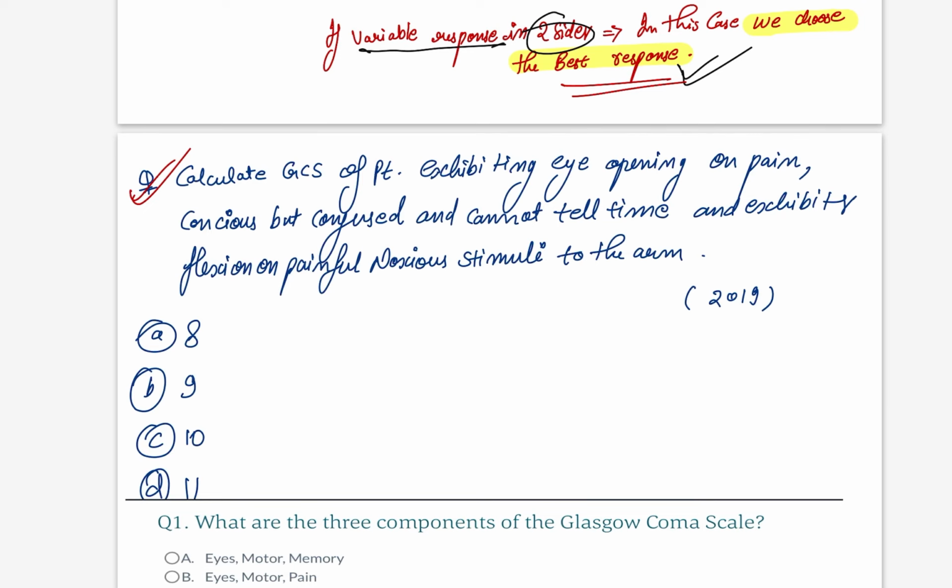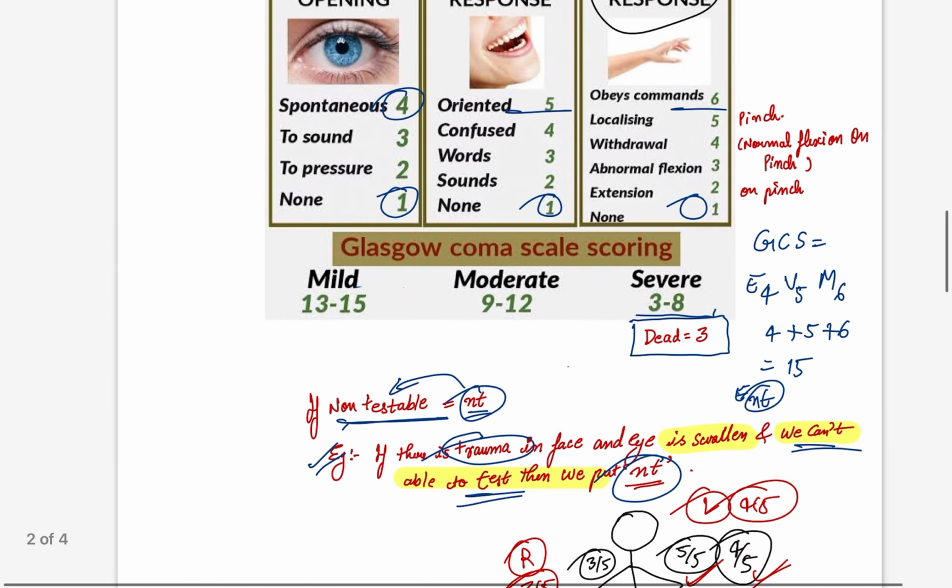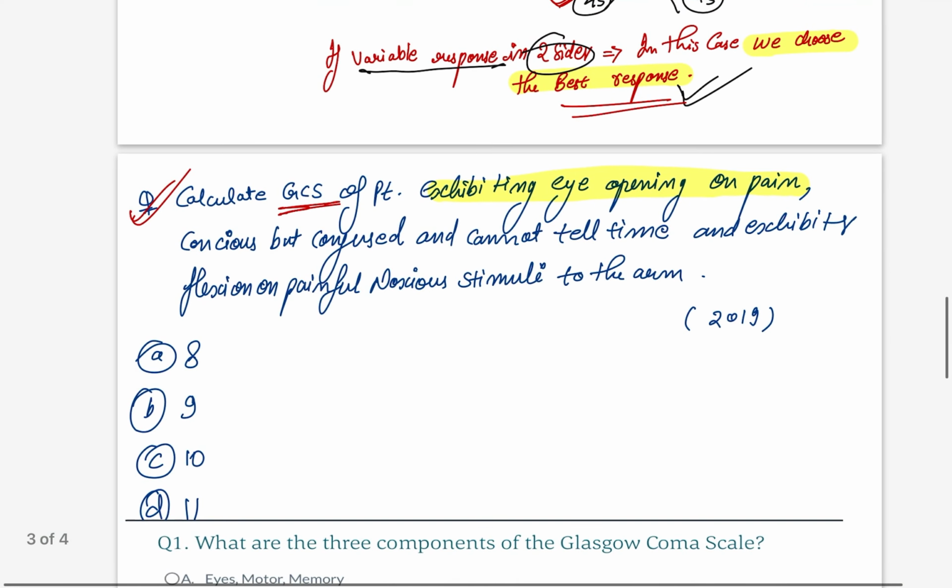So here it is written: calculate the GCS of the patient exhibiting eye opening on pain. What is written? Exhibiting eye opening on pain. So let's go up and see. On pain the score is 2, right?